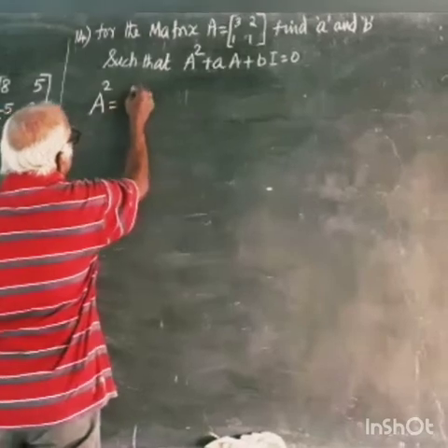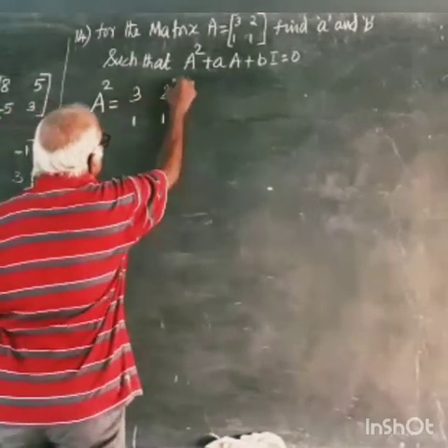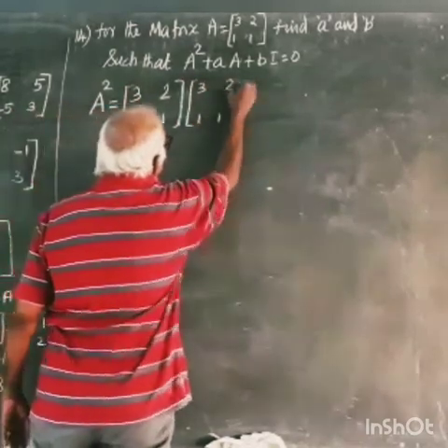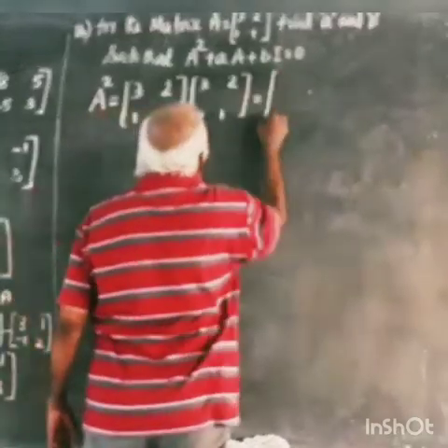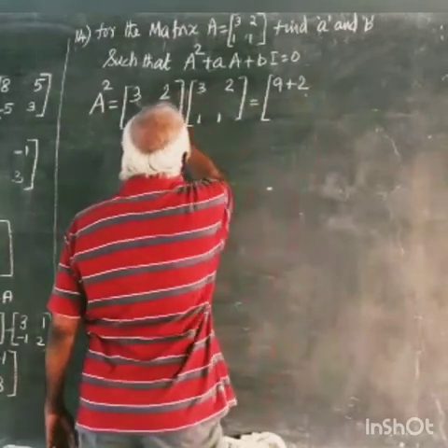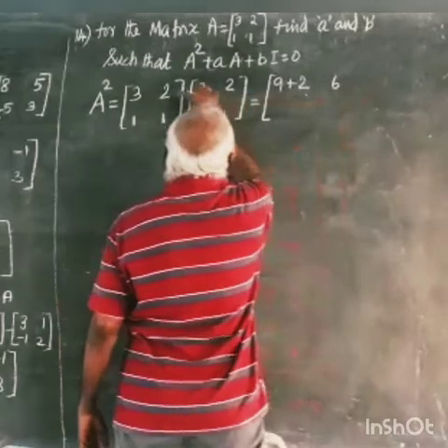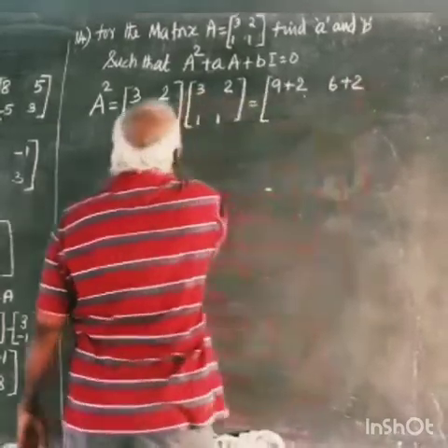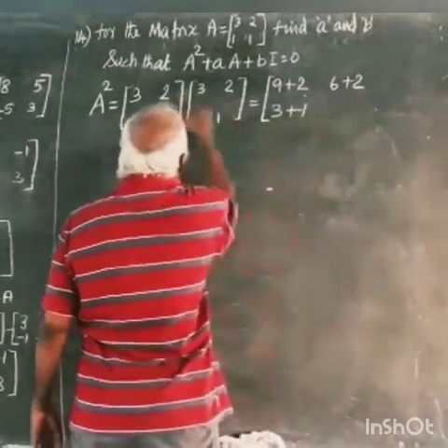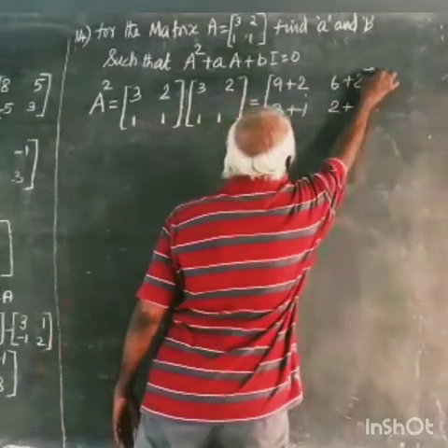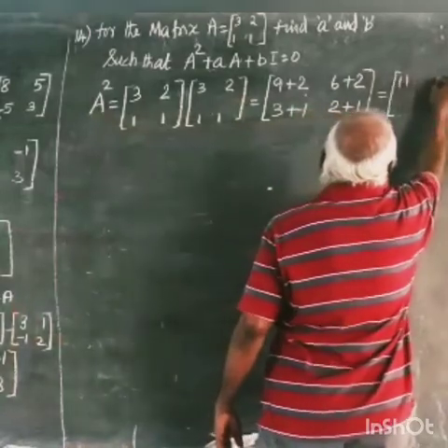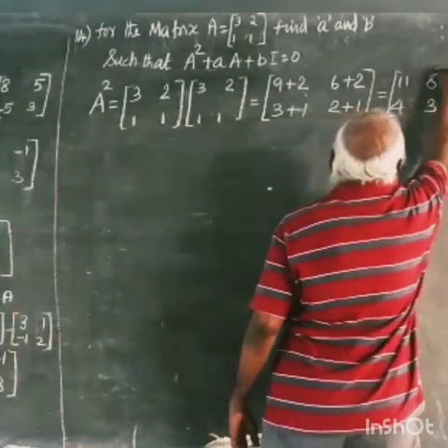A square equal to [3, 2; 1, 1] into [3, 2; 1, 1] multiplied. 3 into 3, 9, plus 2, 11. 3 into 2, 6, plus 2 into 1, 2, 8. 1 into 3, 3, plus 1 into 1, 4. 1 into 2, 2, plus 1 into 1, 3. So [11, 8; 4, 3]. This is A square.